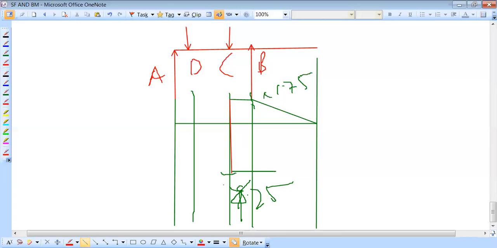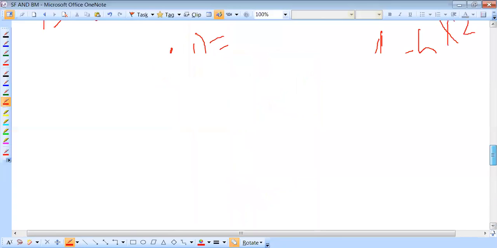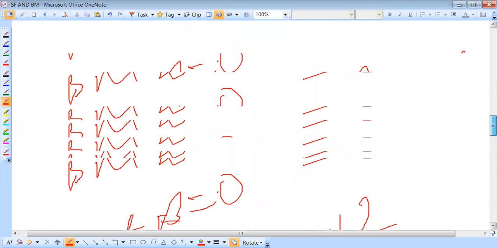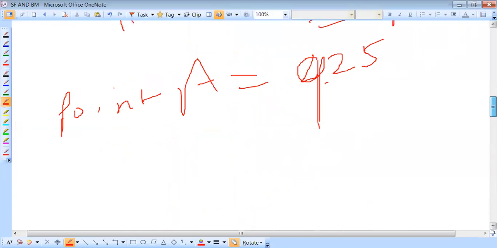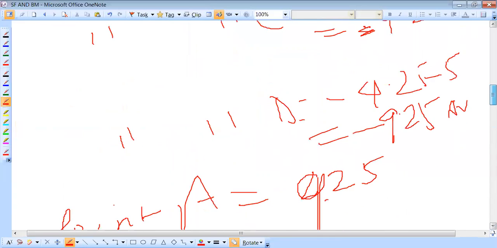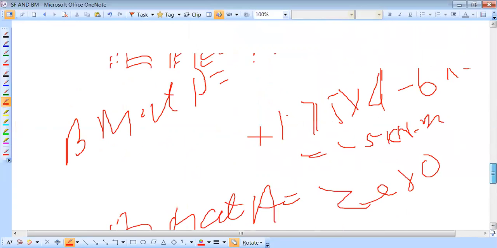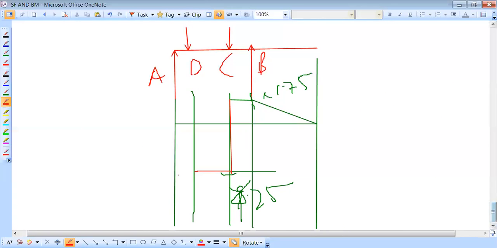And again, draw the SFD from no force. What is the value of D? D is minus 9.25, and again A is 9.25.